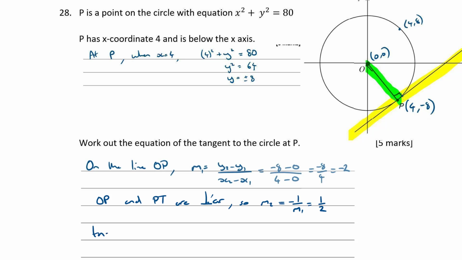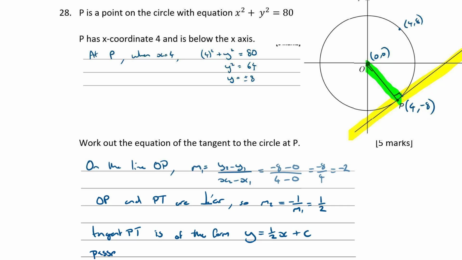So tangent PT is of the form y is equal to a half x plus c, because I know the gradient now is a half. All I need to do now is find the y-intercept, and to find the y-intercept I could just sub in the point that I know.